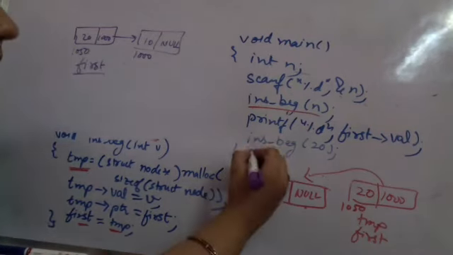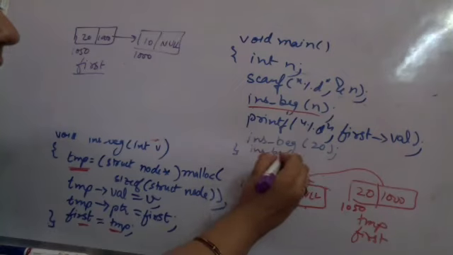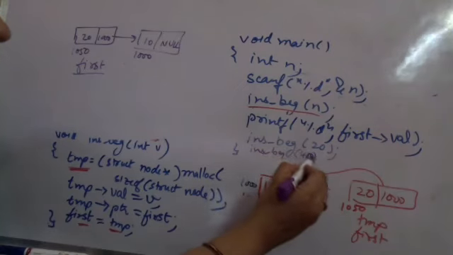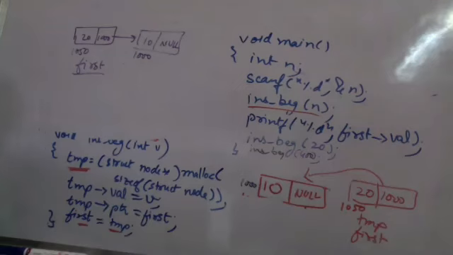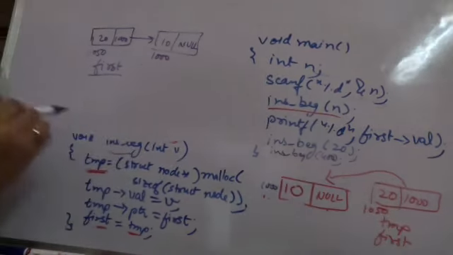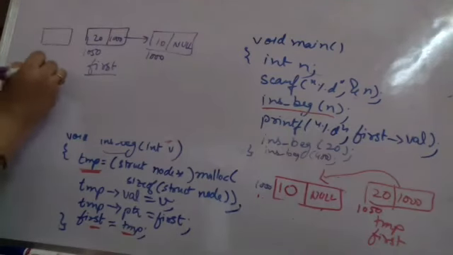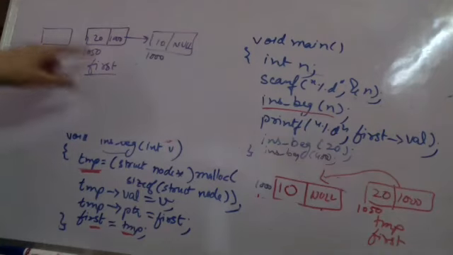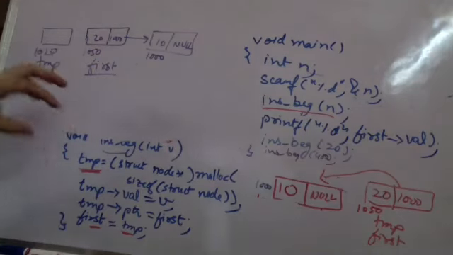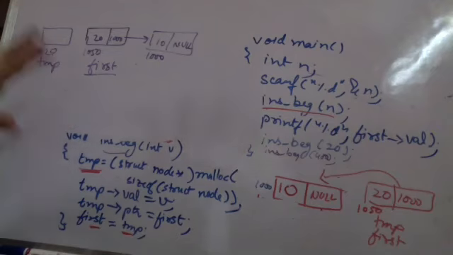Supposedly I again do insertion at beginning of a value say 400. Then what happens is again we come to this function. Again a new node is created. So you again create a new node which is temp. Supposedly the address is 1020. It is not necessary that it be bigger or smaller than the previous one. Whatever location is available, memory is allocated accordingly.